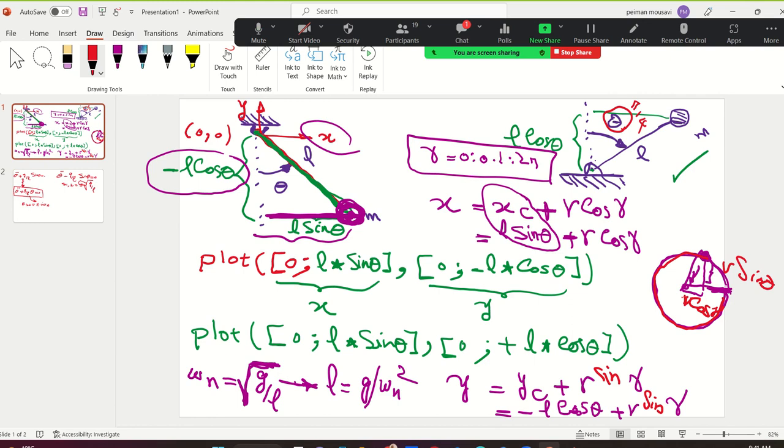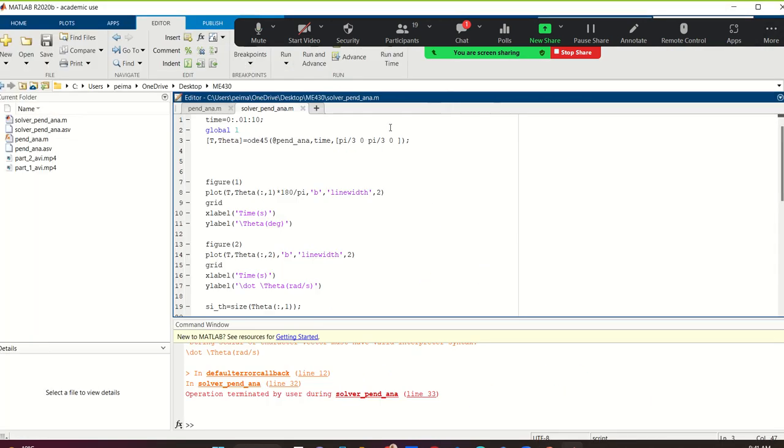Pi over 4 and 0. So you're going to have 2 more. Now you have 6 state variables. These 2 for the linear pendulum, these 2 for the nonlinear pendulum, these 2 for the inverted pendulum and nonlinear. Clear, guys?